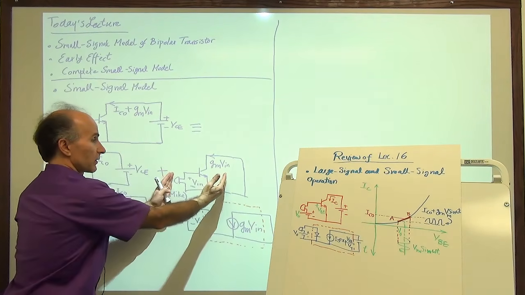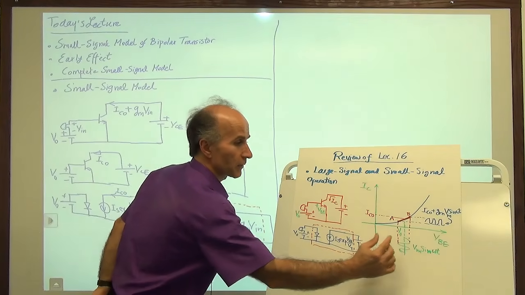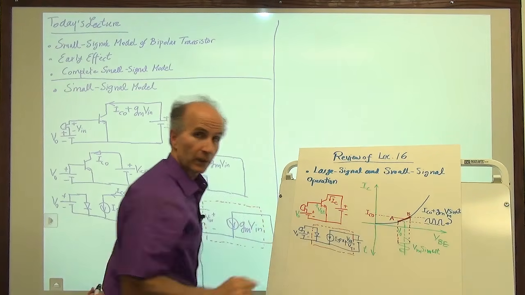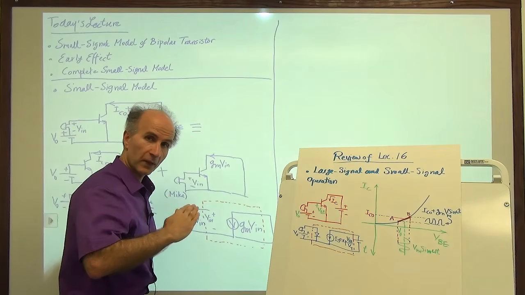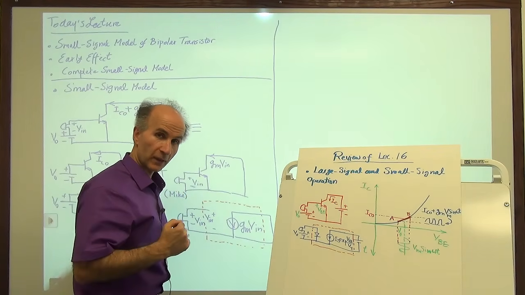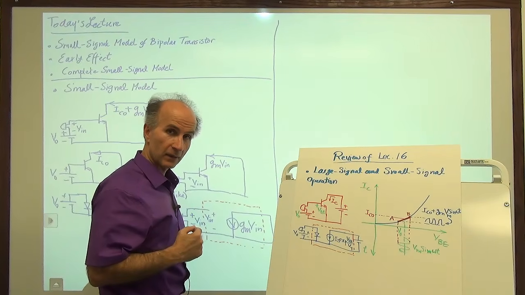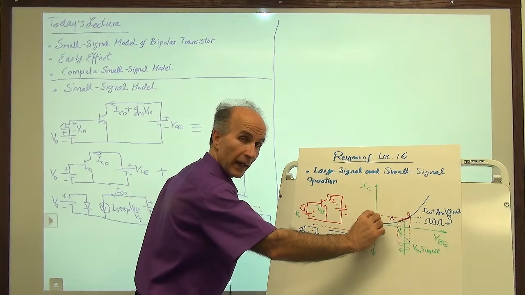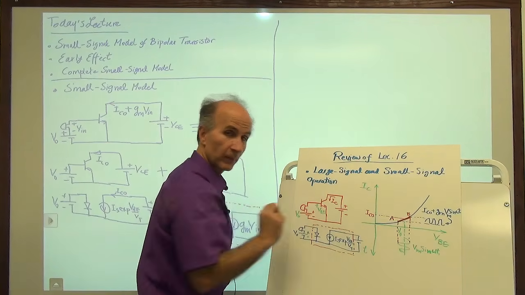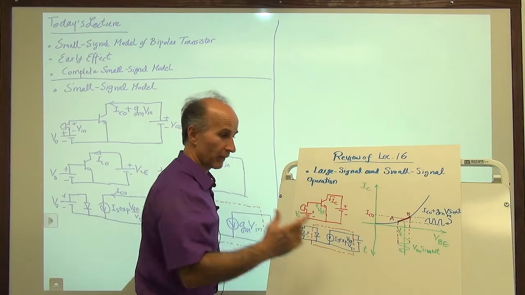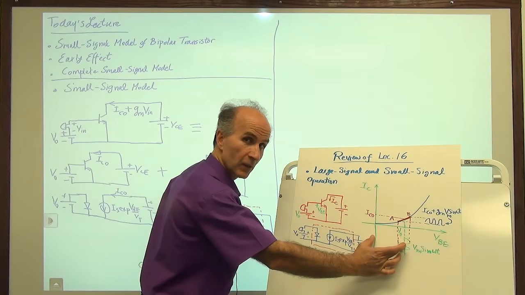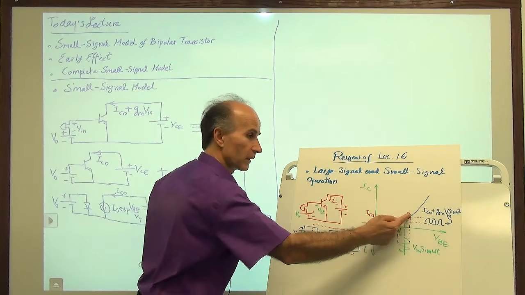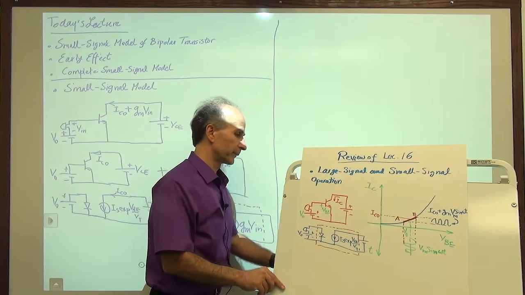And then this calculation corresponds to finding the relationship between this voltage fluctuation and this current fluctuation. So these are superimposed on each other. We are using superposition because the system is linear. The system is linear only in that I have a constant current, and on top of that I add a small perturbation. Okay, or I have a constant voltage for the base emitter voltage, and on top of that I add a small perturbation. So we have this linear approximation here.